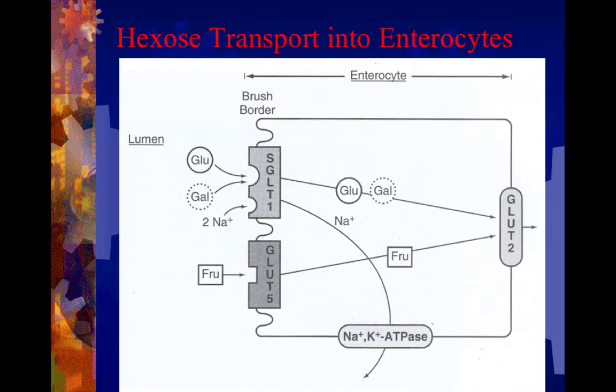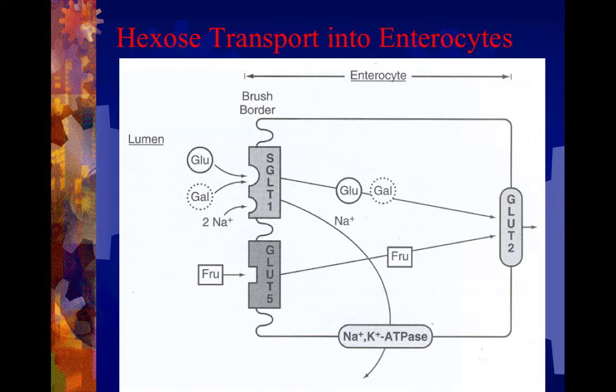And so if we look at the way this is set up, the sodium and glucose or galactose absorption is coupled. It's coupled to sodium, and sodium uses energy in this process. So in an indirect manner, glucose and galactose absorption is indirect active transport.